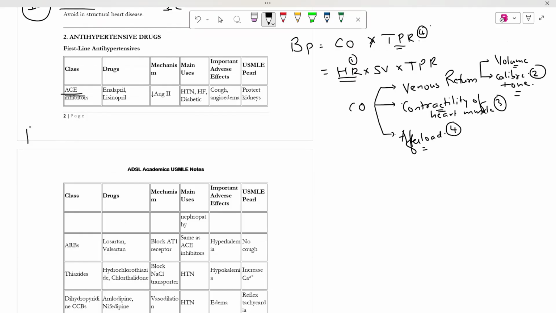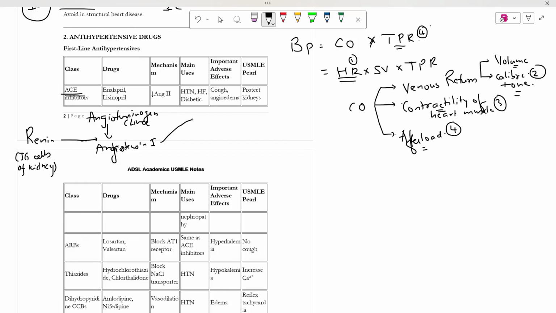So we know that there is renin, and there is something called angiotensinogen. Renin is produced by the juxtaglomerular cells of the kidney, when the blood supply to the kidney decreases. Angiotensinogen is produced by the liver, and this is converted into angiotensin 1 with the help of renin.